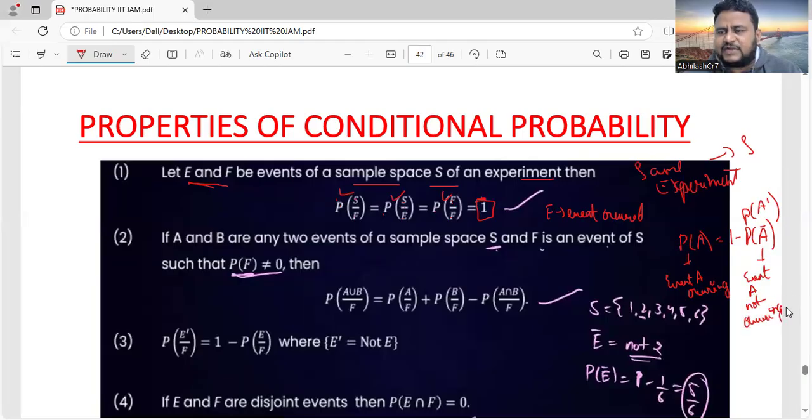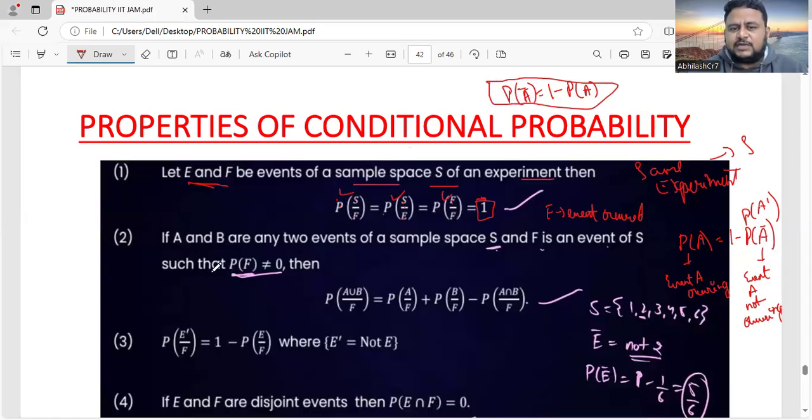Suppose if they ask you to find P of A dash, event A not occurring, at that time you have to write 1 minus P of A, event A occurring. Probability of event A not occurring is equal to 1 minus probability of event A occurring. So probability of event A occurring is equal to 1 minus probability of event A not occurring, or you can also write probability of event A not occurring is equal to 1 minus probability of event A occurring. This you have to remember. Okay, this is one more property.